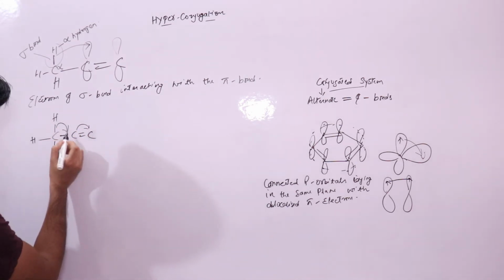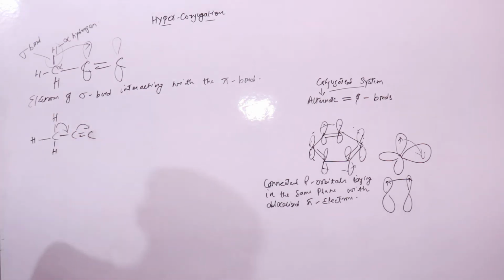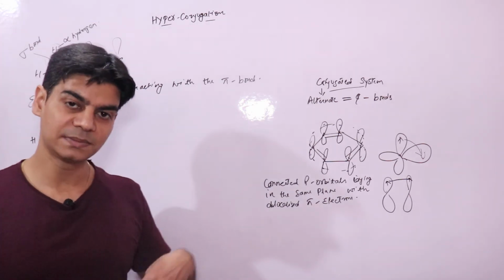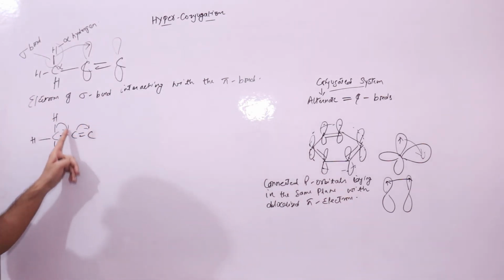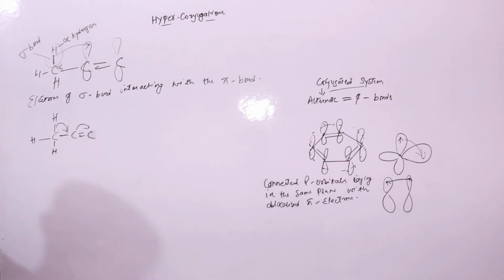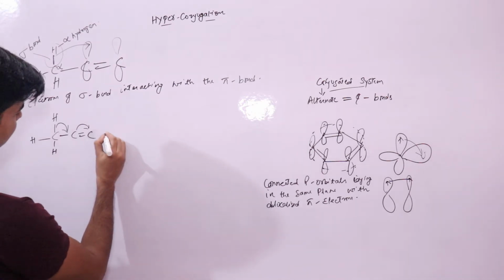When electrons from this CH sigma bond are displaced towards this double bond, this bond will get polarized and it will look somewhat like this.